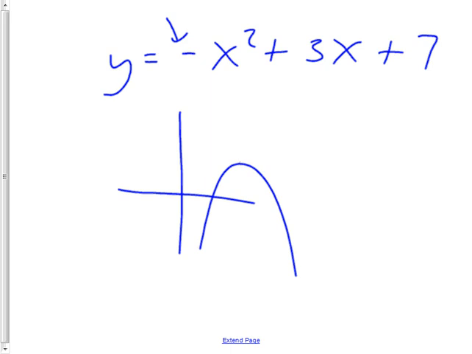It's been flipped because of that negative, so I know it's got a maximum. Now, isn't it kind of counterintuitive that seeing a negative means you have a maximum? But you need to think it through this way. Normal parabolas go like this. That's got a negative, so it goes like that, so it's got a maximum point. And you should use words like reflection. Instead of flip, you should say the word reflection.